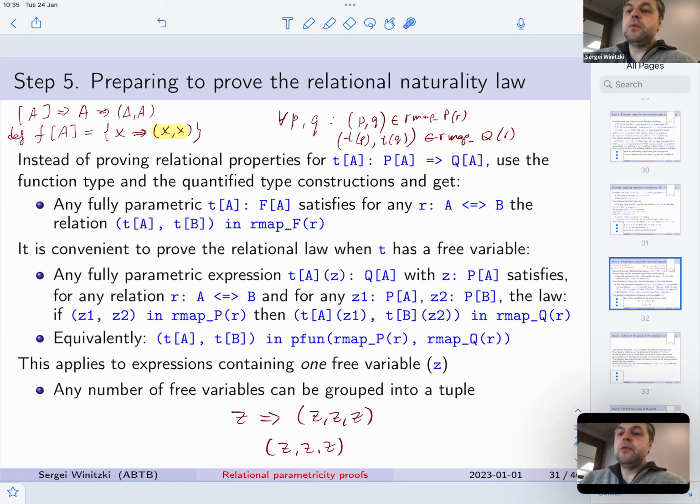But we are going to always write like this, T of Z. So this applies to expressions containing one free variable. If you have more free variables, you can put them into a big tuple, and you will then get the same results, just a different type of variable.